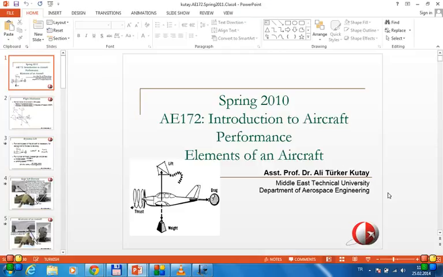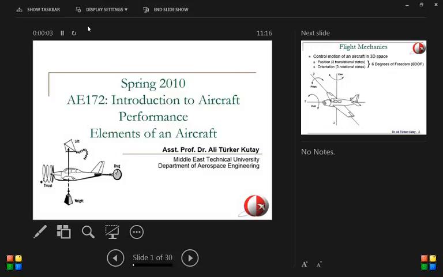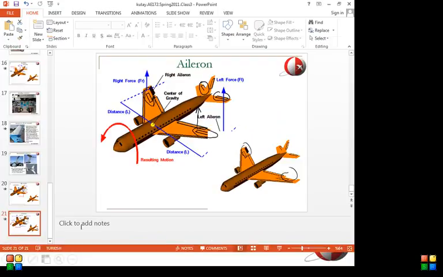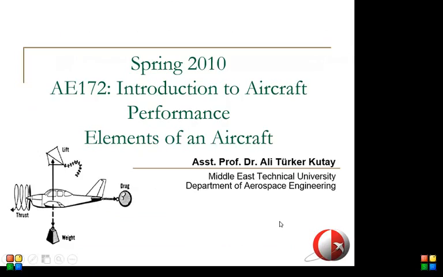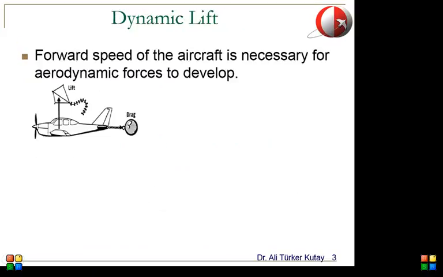Okay, so I will actually keep talking about these airplane elements. I told you that for dynamic lift, you need to have a forward speed such that you can get this lift force to balance your aircraft's weight. And if you need a forward velocity, then the magnitude of the velocity should matter, right?